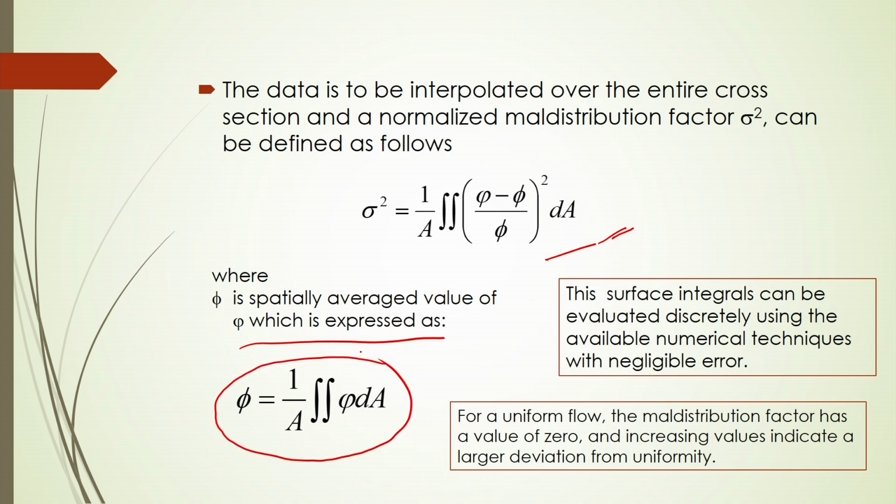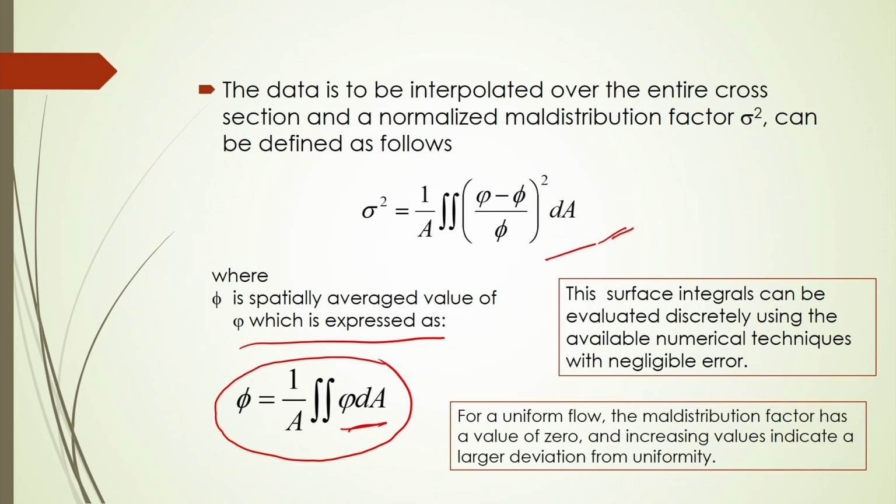So, this phi is equal to 1 by A, double integral of phi into dA. In this case the surface integrals can be evaluated discretely using the available numerical techniques with negligible error, and for a uniform flow the maldistribution factor has a value of 0, and the increasing values indicate a larger deviation from the uniformity.